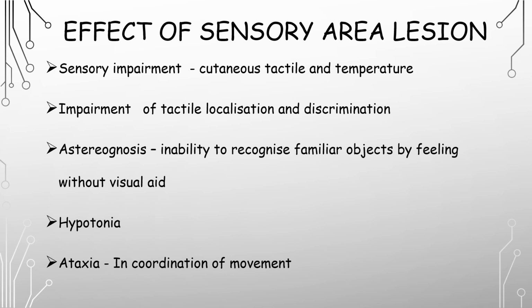Stereognosis is the ability to recognize the familiar objects by using hand and without the visual contact. And then hypotonia happens, which is a decreased tone in the muscles. And then ataxia, that is incoordination of the movement.